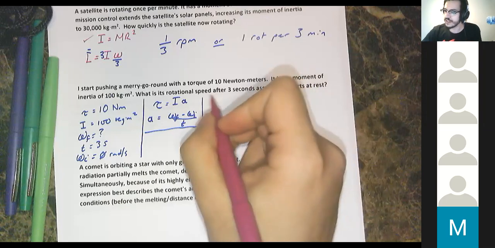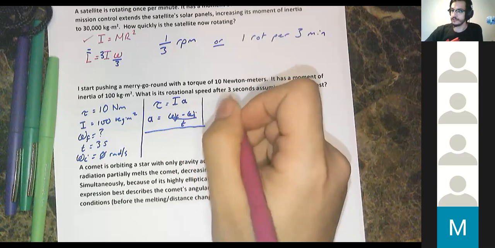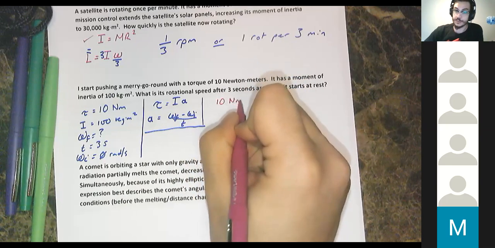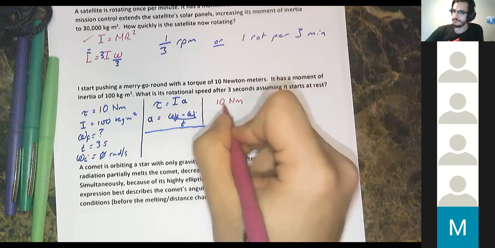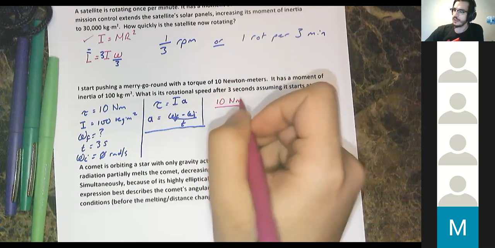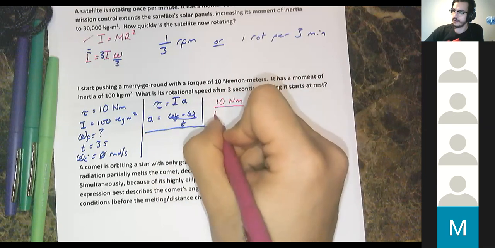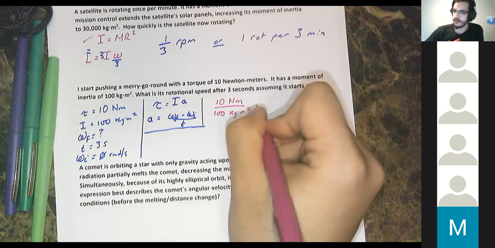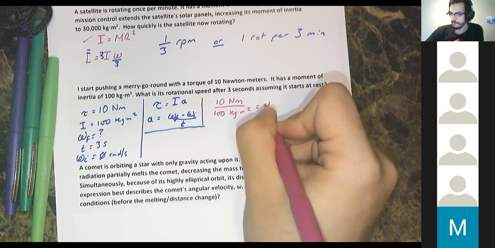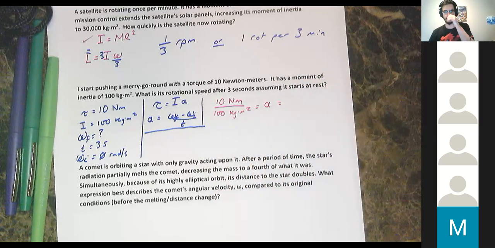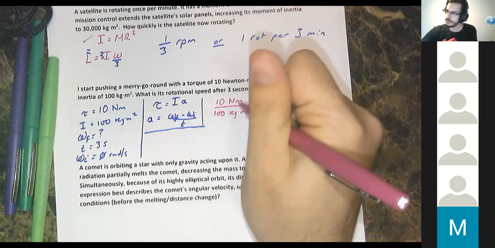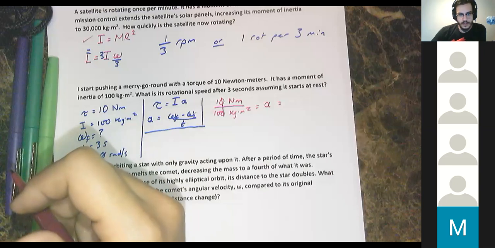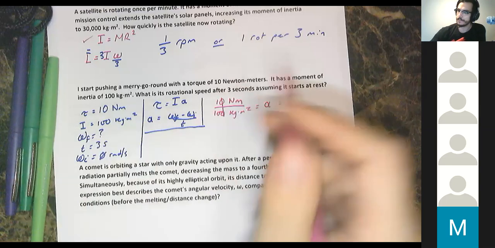All right, so step 1 would be to use this formula to find the acceleration. We have 10 Newton meters of torque, and that is acting on something with 100 kilogram meters squared of moment of inertia. And that gives us our acceleration. One over 10 is 1/10.